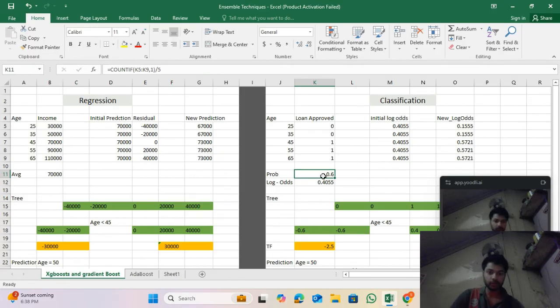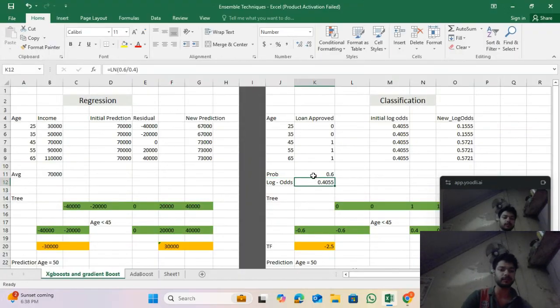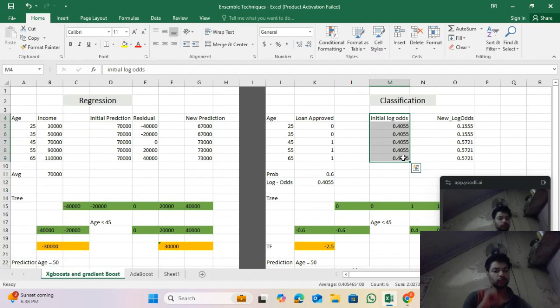So your probability is 0.6, and the log odds of this value, that is log of 0.6 by 0.4, is 0.4055. So your initial log odds will be 0.4055. Keep that in mind. In XGBoost and in gradient boost, you always go for log odds.